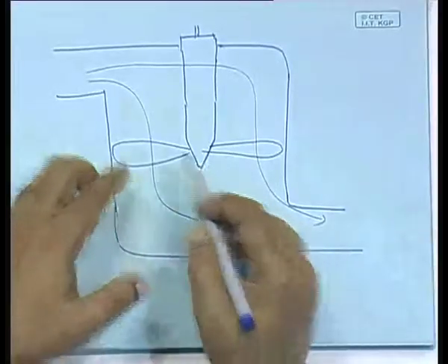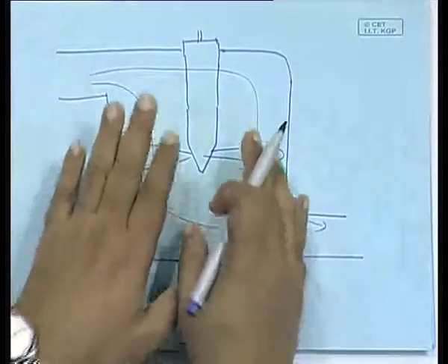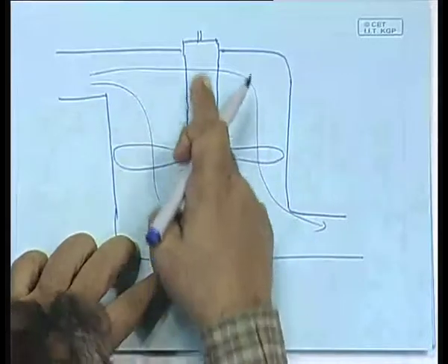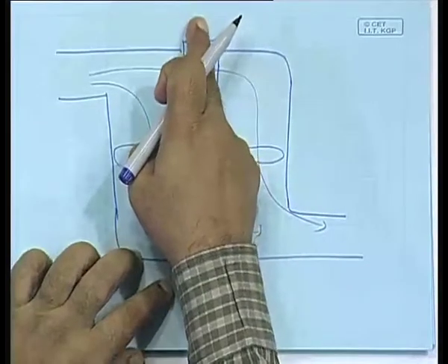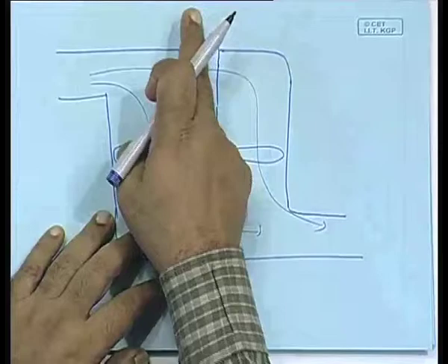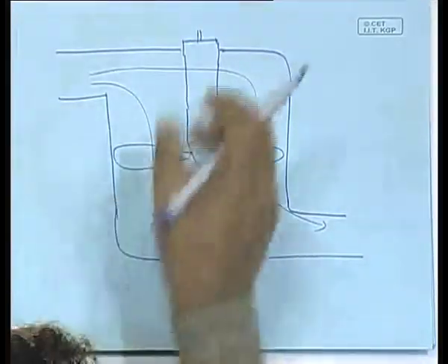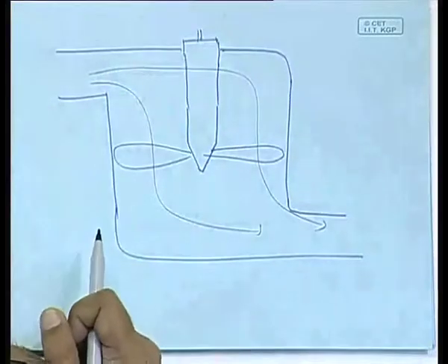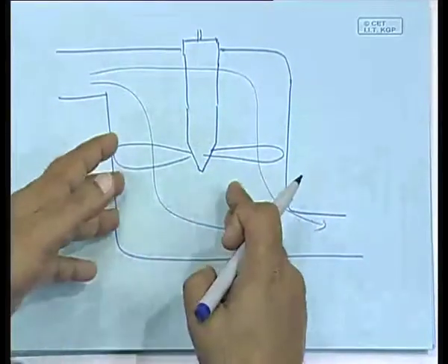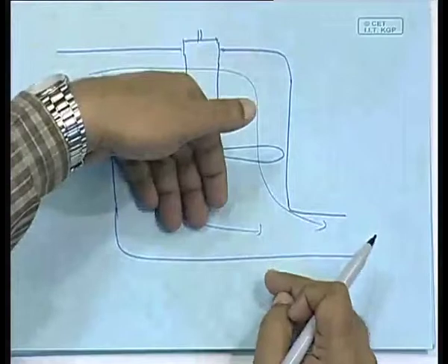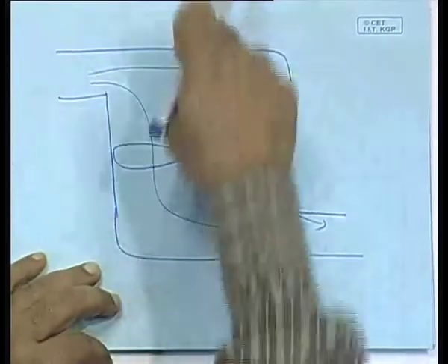Here the problem is that the thing is placed in water, but it has to be connected to the shaft which has to be placed outside the water, because it has to be connected to the generator. So, the generator has to be placed outside the water. In this particular design it is vertically aligned, so that the generator is placed up here.